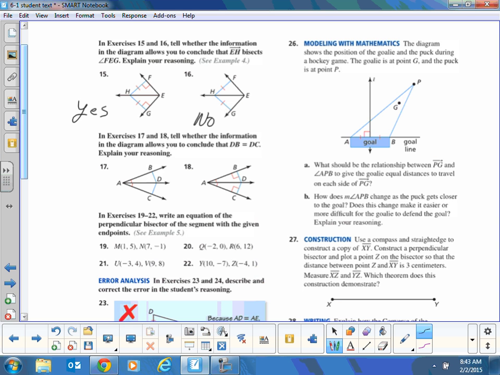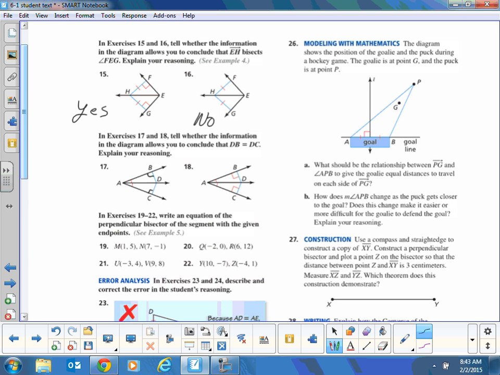Tell whether the information in the diagram allows you to conclude that DB is equal to DC, distances. Yes, DB is congruent to DC, because it shows that it bisects angle A. However, these are not 90-degree angles.